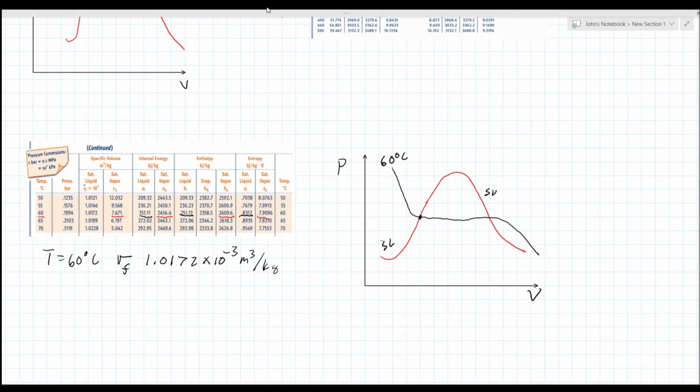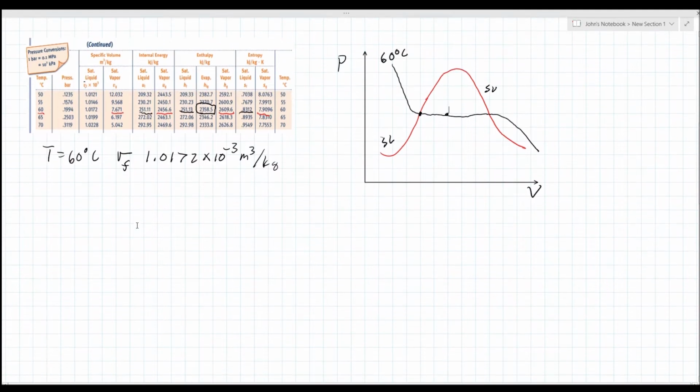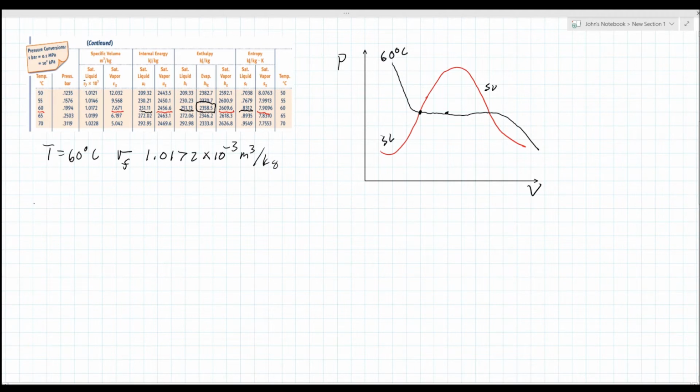Now, you may notice this value here in the enthalpy chart. This is used for when you are dealing with a specific spot inside the dome. If you recall from our previous lesson, in quality, we'll do enthalpy because that's that specific part. Enthalpy of our fluid is HF plus our quality times the difference of our saturated vapor enthalpy and our saturated liquid enthalpy.